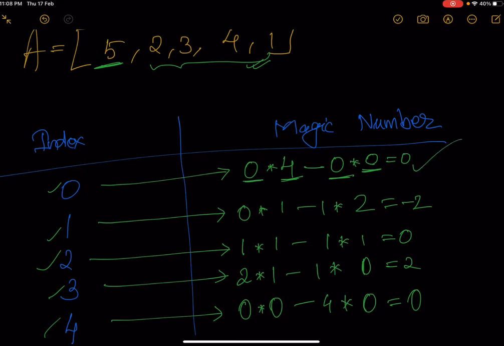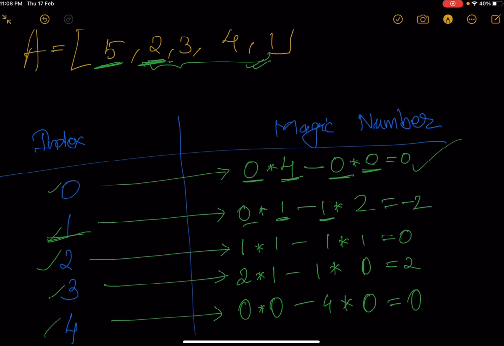Similarly, you find it for the 1st index element, that is 2. There is no element to the left of 2 which is lesser than 2, so 0, multiplied by how many elements are to the right of 2 and smaller than 2. There is only one element, 1, minus how many elements to the left of 2 are greater than 2.